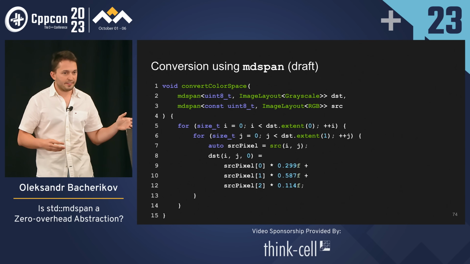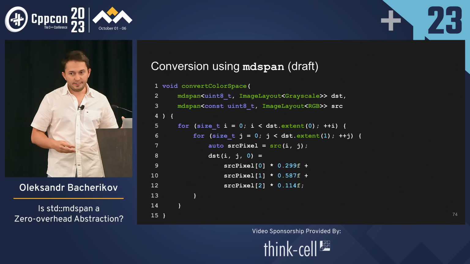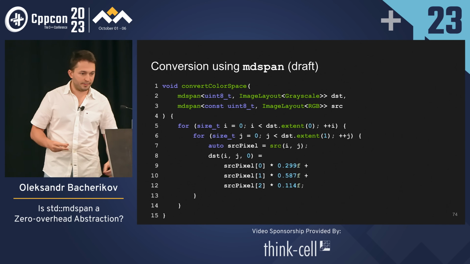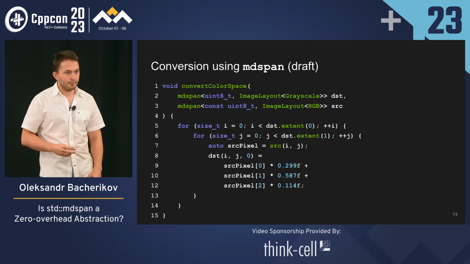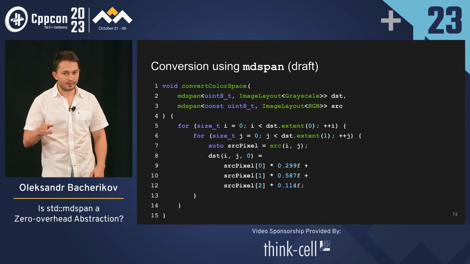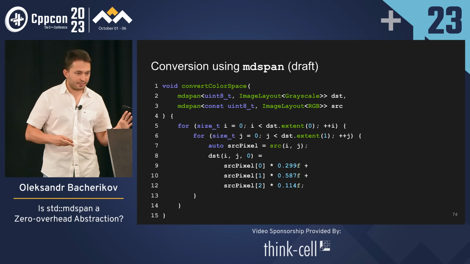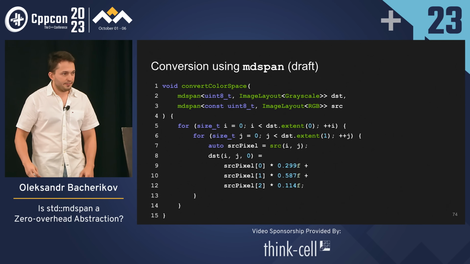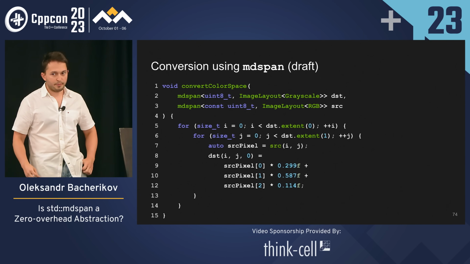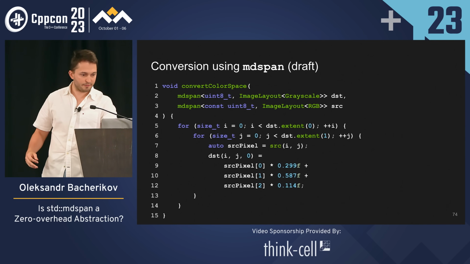After that, we can do a conversion using commonly used factors for RGB channels, which are derived from human color perception. It's not the only approach, but one of the most common ones. And this code looks fairly good using mdspans and quite expressive, I think.